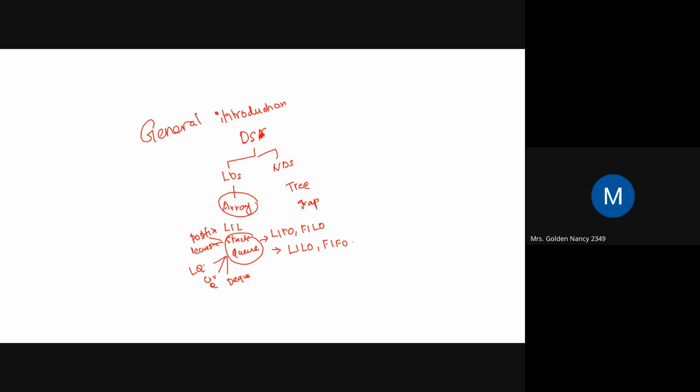Now we are coming back to the first unit, the data structure introduction part. We have seen what data structure is about. Data structure is about arranging or organizing data in your computer memory.